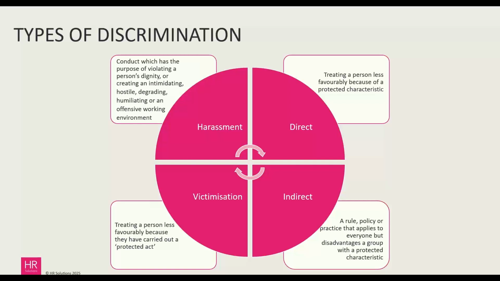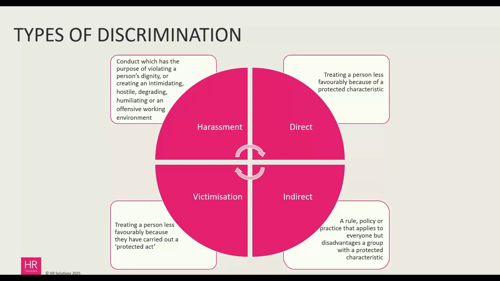You then also have victimisation. This is where it's unlawful to treat a person less favourably because they've committed what's known as a protected act. So protected acts include the fact that they've brought previous legal proceedings against the organisation or the perpetrator.